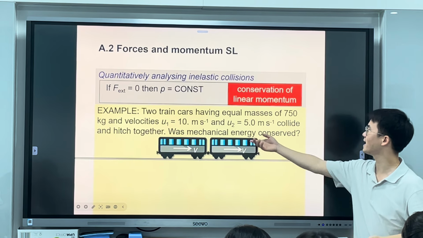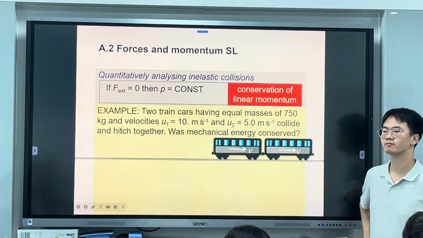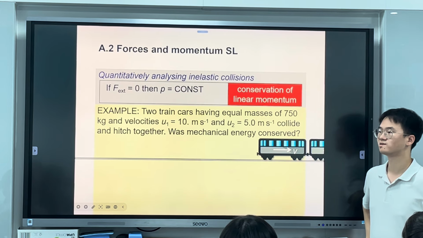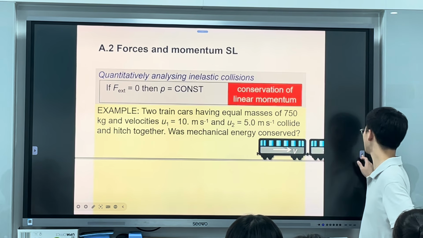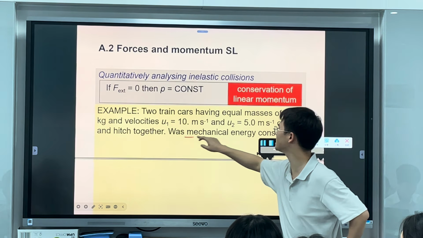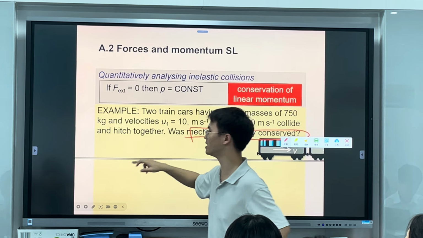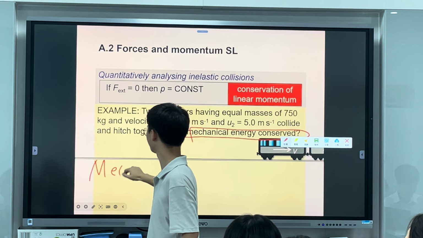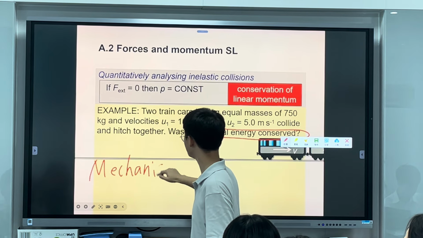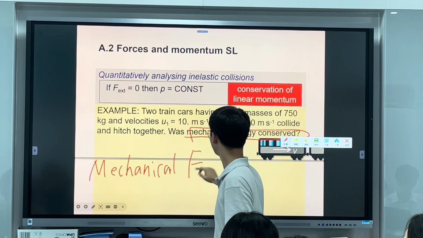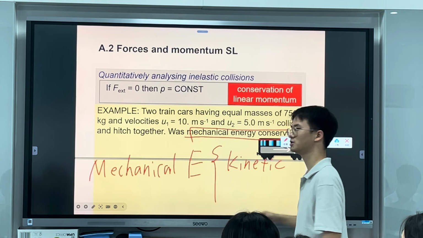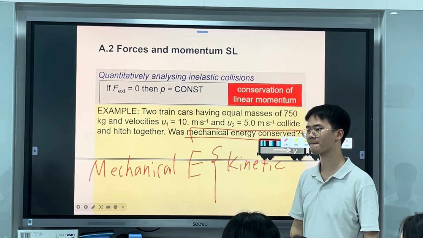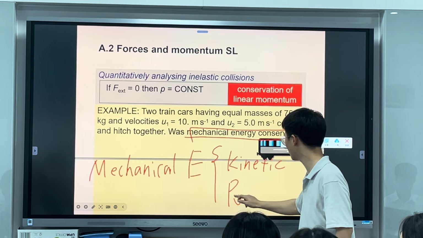Now, was mechanical energy conserved? Why? Because kinetic energy is not conserved, so mechanical energy is also not conserved. What is mechanical energy composed of? Mechanical energy consists of kinetic and potential energy.